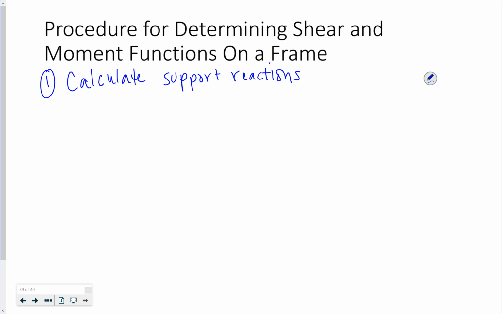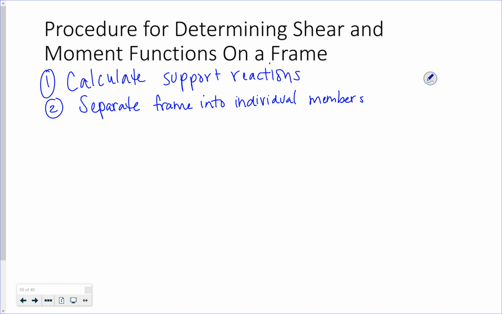Separate your frame into individual members because we're going to draw shear moments on each member. An individual member would be a beam, a column, a brace, if we're talking about a diagonal piece. Separate your frame into each of its members.